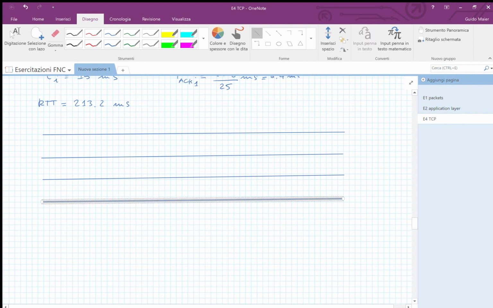So we will have the opening phase, and here the text says that the transmission time of the packets, the length of the control packets that are opening the connection, is equal to the length of the acknowledgement packets.